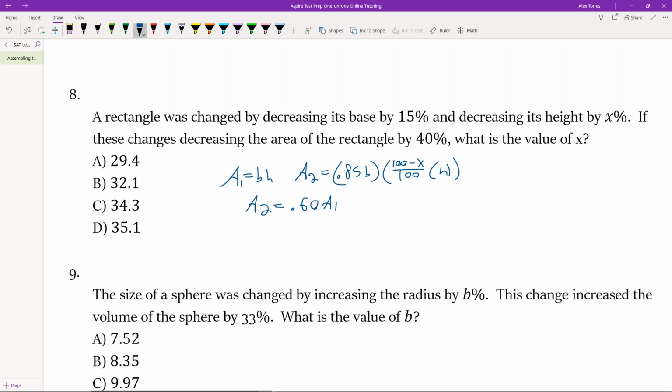So we can go ahead and fill in our A2: 0.85b times (100 minus x) over 100 times h, that's A2, equals 0.6 A1, which is bh. And here's the beautiful moment where everything cancels out. So just to rewrite, for neatness, 0.85 times (100 minus x) over 100 equals 0.6.